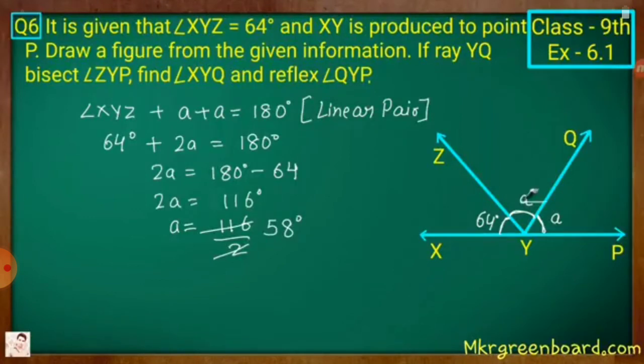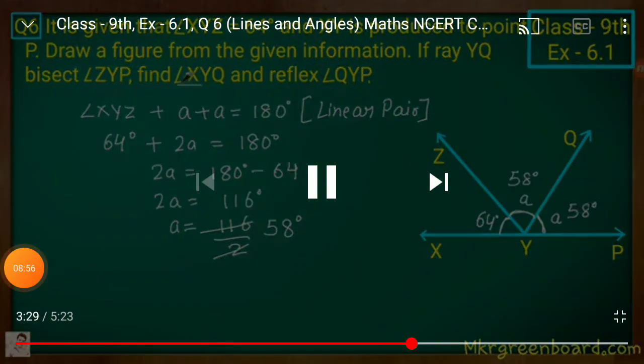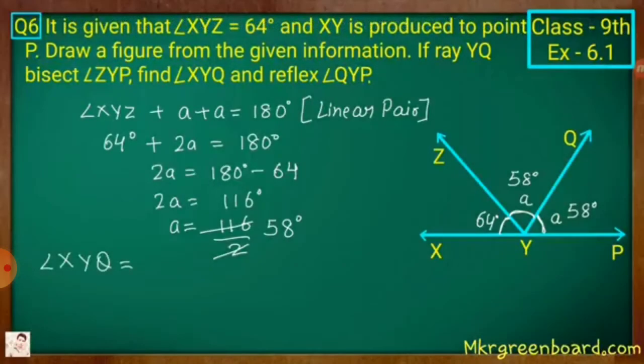So A means which angle? Both are 2 angles only, 58. So ZYQ, see the figure, ZYQ only now we are writing, that's why one angle we should add here. 64 plus 58 equals 122 degrees.